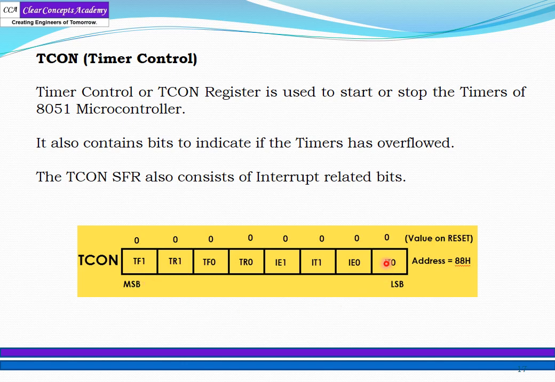This is IT0, the interrupt type of 0, then IE0, the interrupt enable of 0, then IT1 is the interrupt type of timer 1, then IE1 is the interrupt enable of timer 1. This is TR0, timer 0 start stop, TF0, timer 0 overflow, TR1, timer 1 start stop, and TF1, timer 1 overflow.